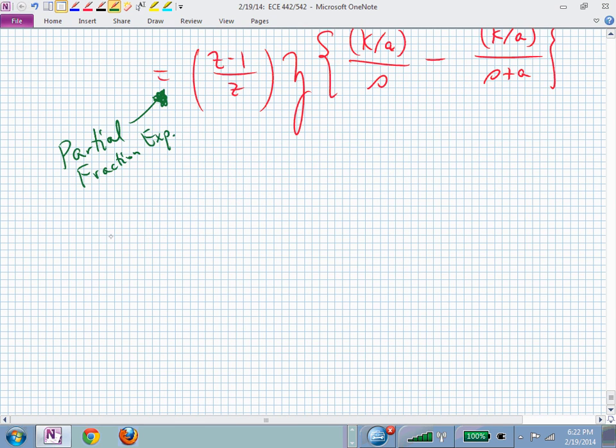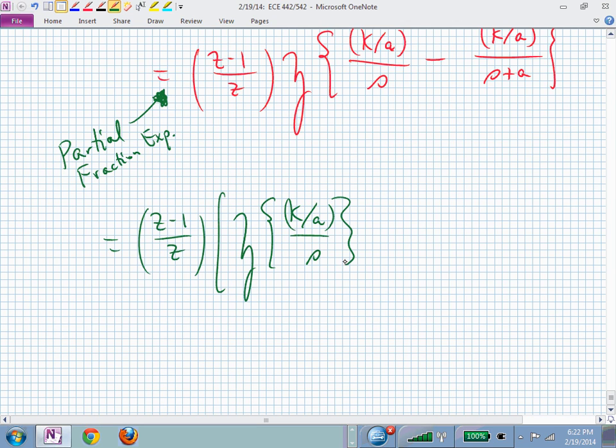We now know that this is equal to z minus 1 over z times the z transform of k over a s minus the z transform of k over a s plus a.